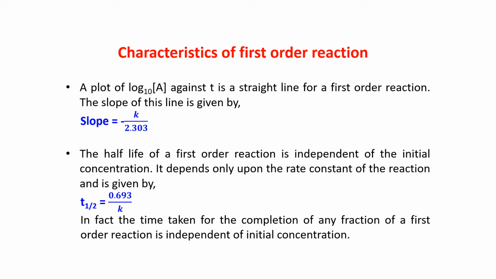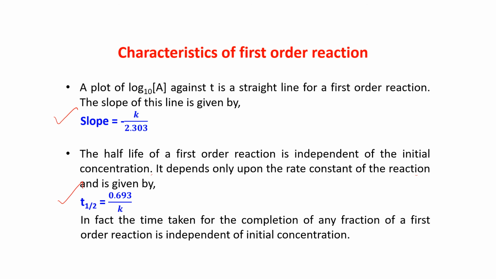A plot of log 10 A against T is a straight line for a first order reaction, and the slope is given by minus K by 2.303. Already I showed it to you. The half-life of the first order reaction is independent of the initial concentration. It depends only upon the rate constant of the reaction and is given by T half is equal to 0.693 by K. These are all the characteristics of first order reaction.